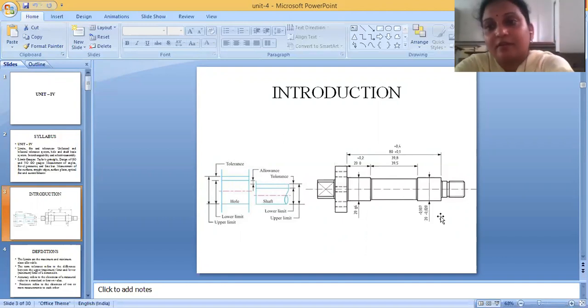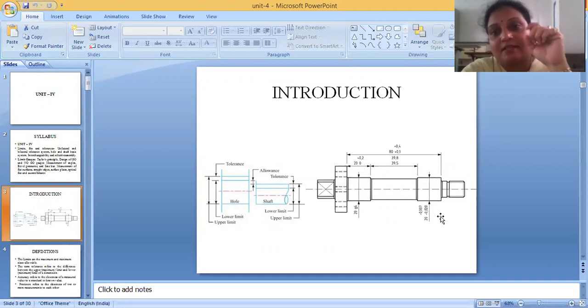Now, before going in depth into this topic, let us know why we should mention this tolerance. What is the purpose of this tolerance? If you want to manufacture a component of length exactly 80, it is not possible during manufacturing to get 100% accuracy. As it is not possible, we give some permissible deviation.